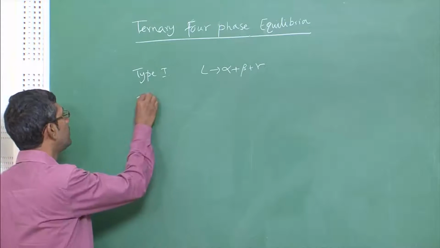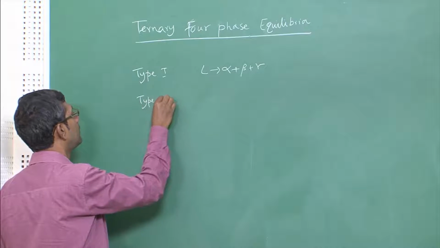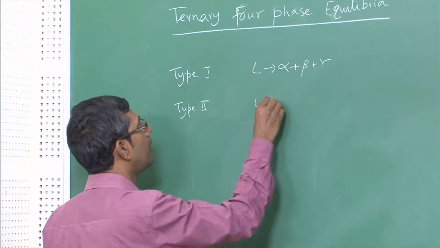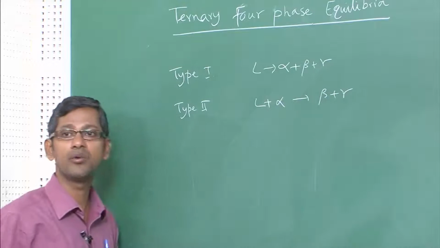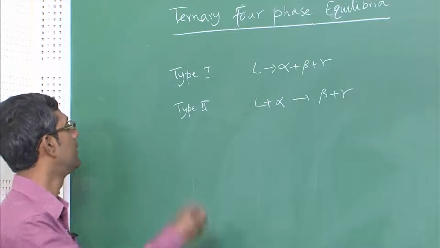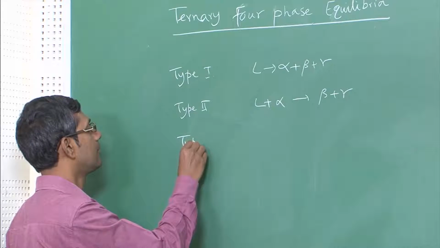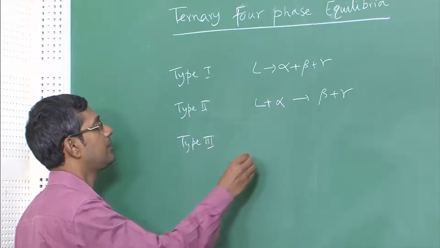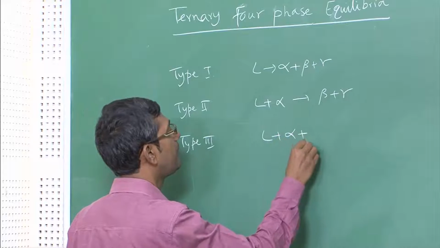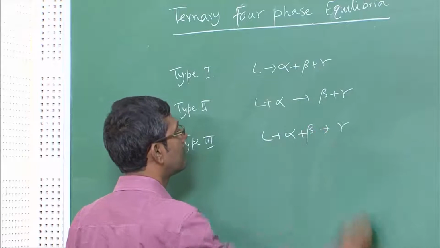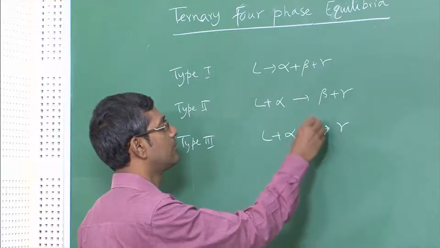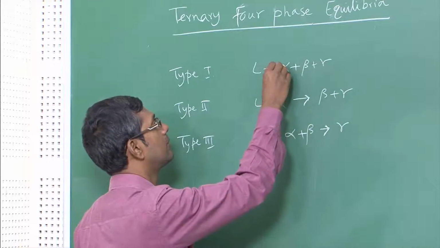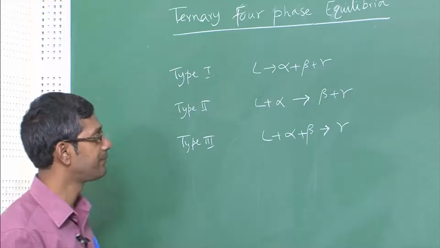The type 2 is liquid plus alpha going to beta plus gamma. This is known as the ternary quasi-peritectic reaction. And type 3 is the ternary peritectic reaction, like liquid plus alpha plus beta going to gamma.